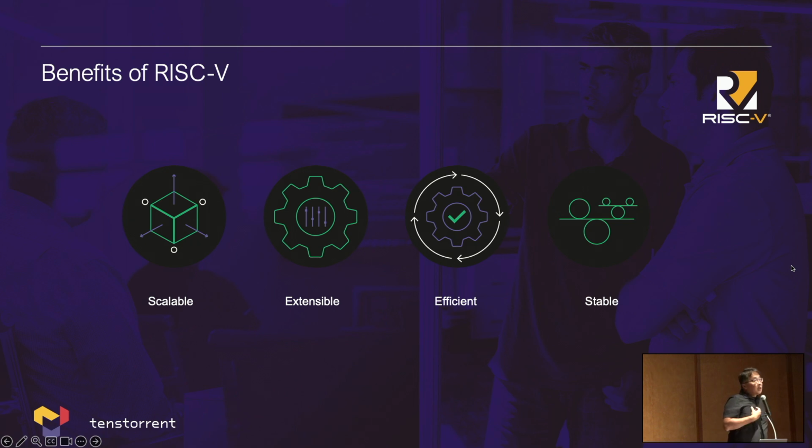If I'm designing something using ARM, my only IP source is ARM, then there's a potential risk that they can take a monopoly position and ask any price they want. That would jeopardize your business position. With RISC-V, because it's open source, you can take the core from Andes, for the CEO is here, and you can take from Tenstorrent, or from SiFive. That stability of the supply chain is very crucial for your future development.